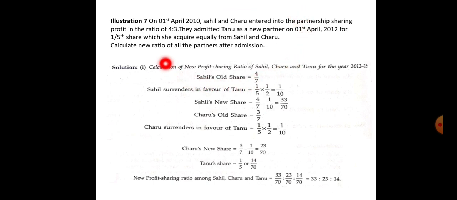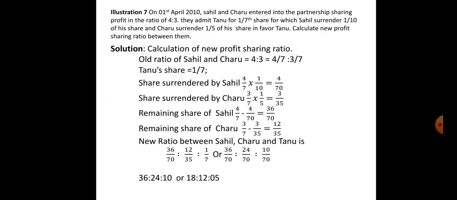Now the same question would be given to you in terms of surrender, like: on 1st April 2000 Sahil and Charu entered into the partnership sharing profit and loss in the ratio 4:3, they admitted Tanu for 1/7 share, for which Sahil surrenders 1/10 of his share.